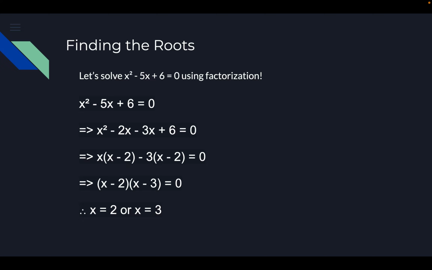We can split it into -2x and -3x, so the equation becomes x² - 2x - 3x + 6 = 0. Simplifying, we get x(x - 2) - 3(x - 2) = 0, which implies (x - 2)(x - 3) = 0.